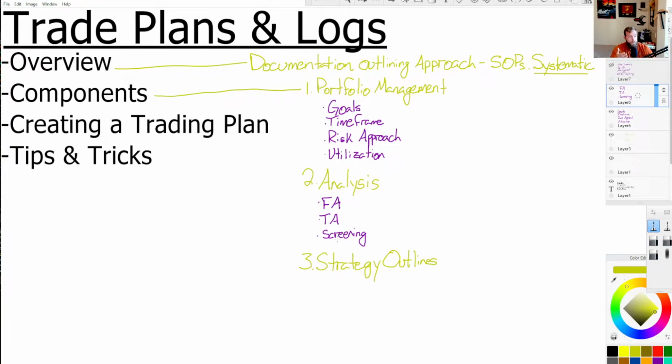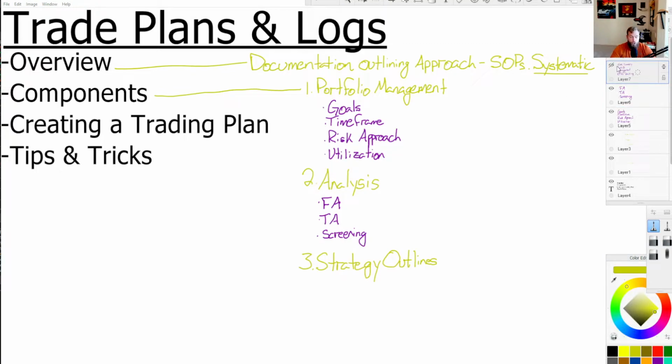So what I think about in the screening for the analysis section is what things apply to anything I'm going to touch. What are the things that I need to look at no matter what trade I'm putting on? Corporate actions is a great example. If I'm trading any strategy, no matter what the strategy is, even if I'm buying stock, if there's corporate action in 2 weeks, that still matters to me. So that is why I list those kinds of things there.